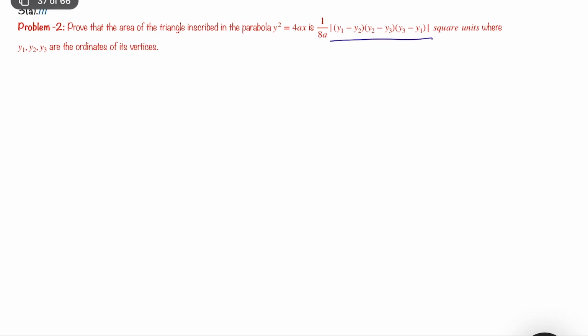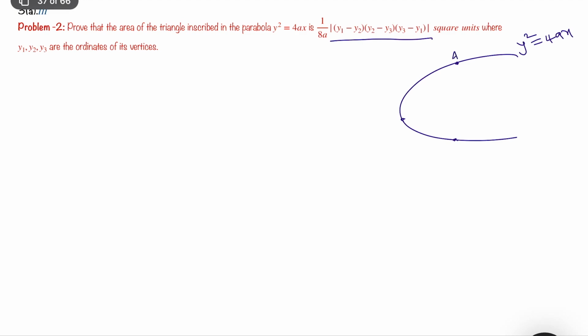Okay, first let me draw the parabola whose equation is y square equal to 4ax. Here no 3 points on the parabola will be collinear. So if you take any 3 points on the parabola, they will make a triangle for sure.